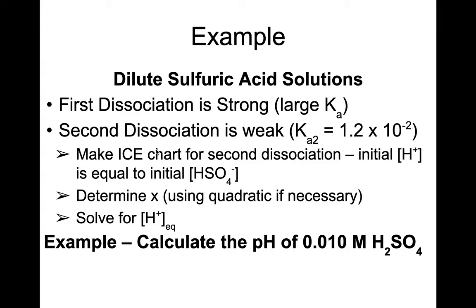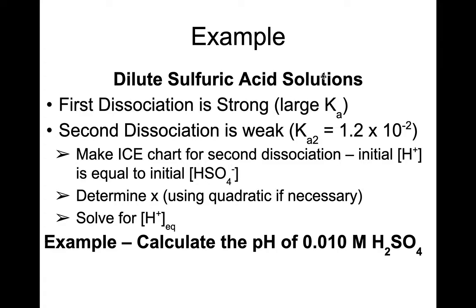So, if we wanted to consider both dissociations, we'd make an ICE table for the second dissociation, taking into consideration that the initial hydrogen ion concentration is equal to the initial acid concentration.